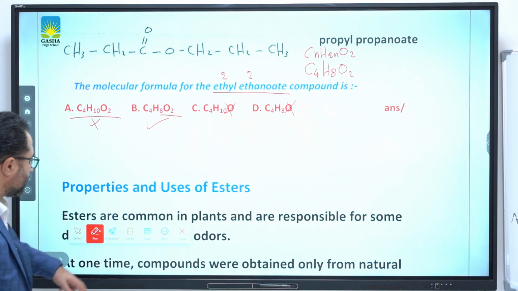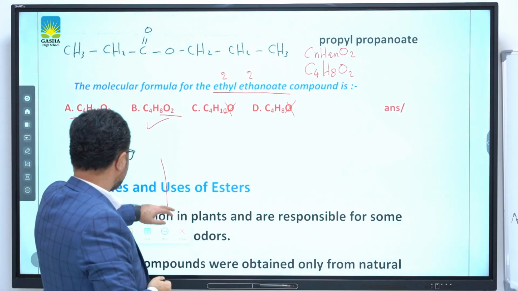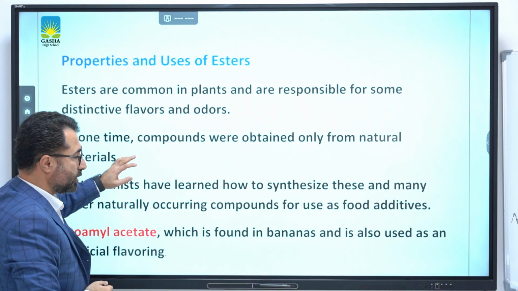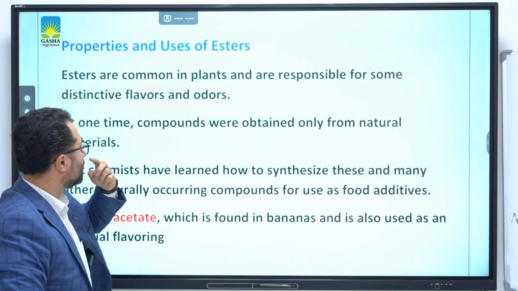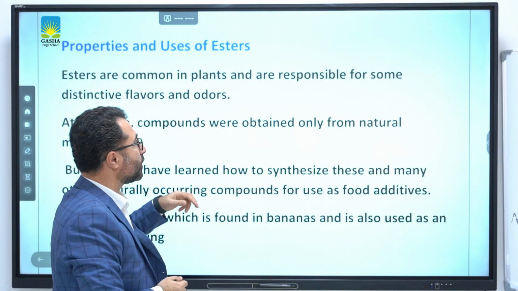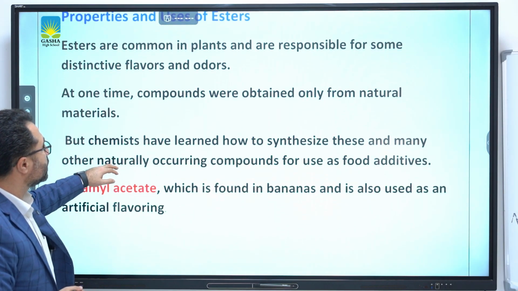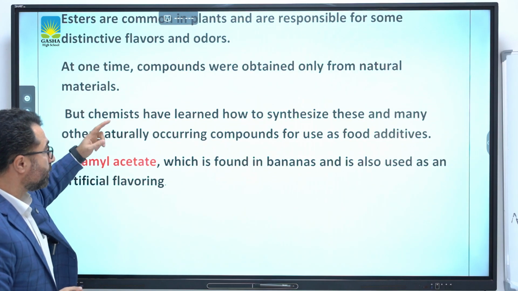The properties and uses of esters. All esters are responsible for some flavor and odor of plants. And they are natural.